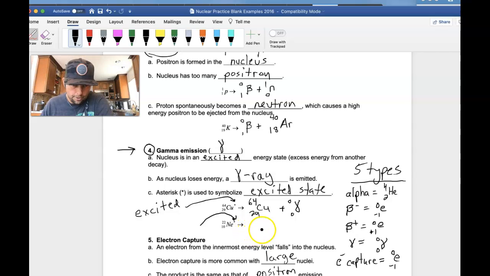Therefore, your product is the exact same. So gamma is kind of a nice one because you'll just write neon again with the exact same numbers. No asterisk because it's more stable. And we're just going to say gamma or gamma 0, 0 as your answer.